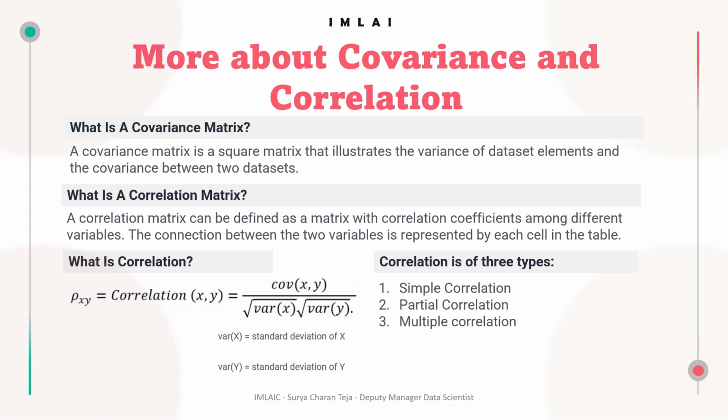Multiple correlation is nothing but you have y, one dependent variable, and the remaining three or four independent variables. In that case, the correlation between one dependent variable and four independent variables is known as multiple correlation, a statistical technique that uses two or more variables to predict the value of one variable.